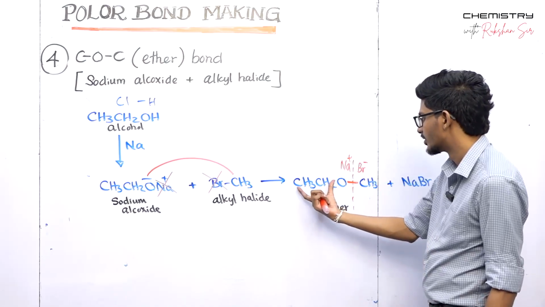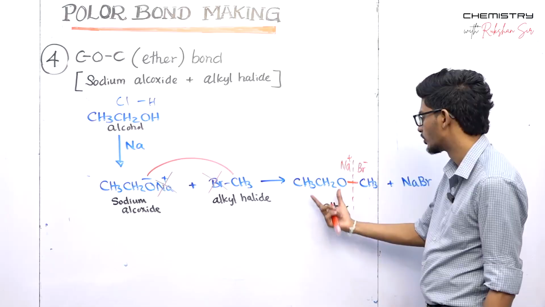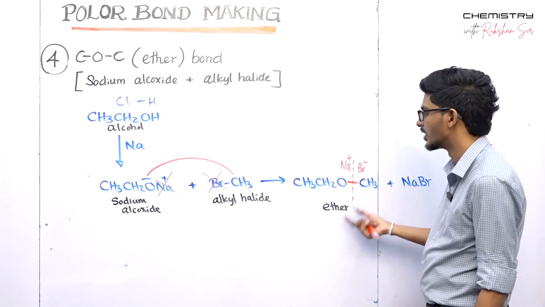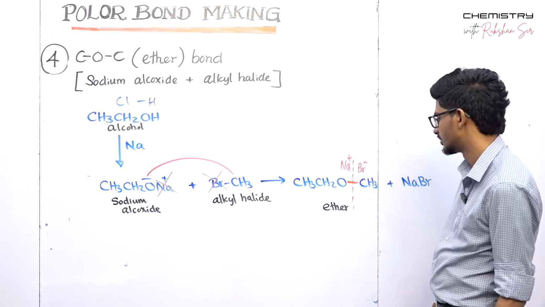That is the CH3CH2O minus Na plus, the sodium alkoxide, and the CH3Br alkyl halide. Right, that is the idea.